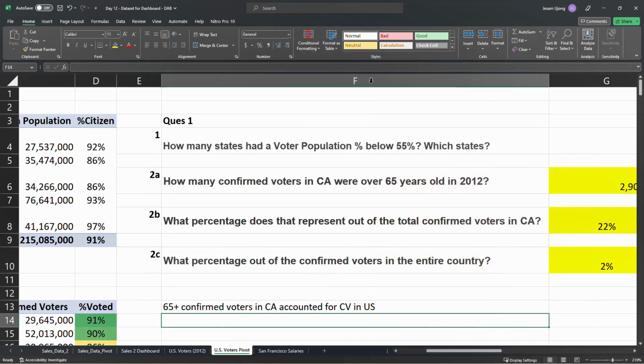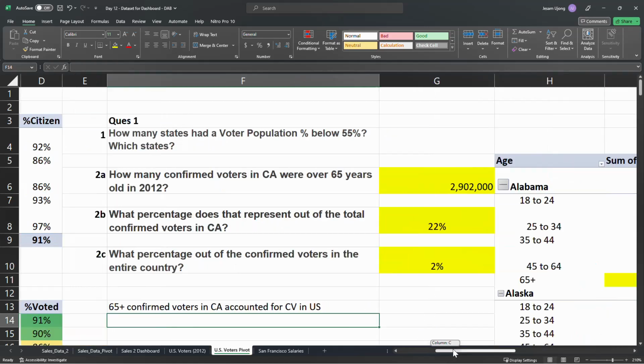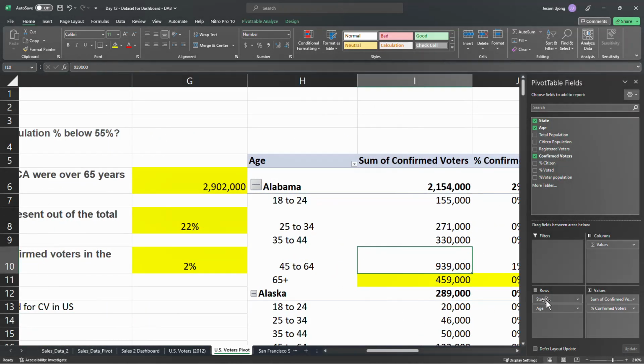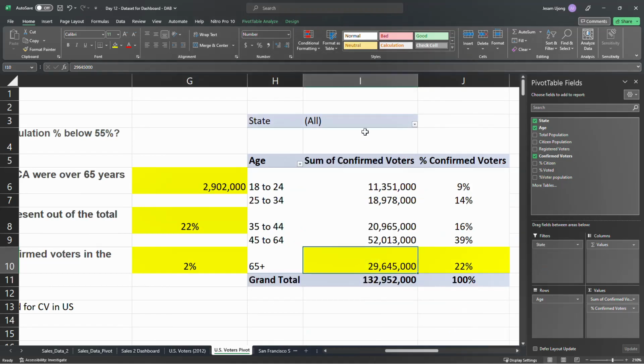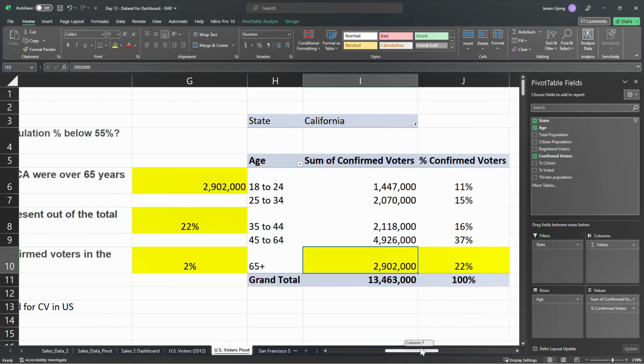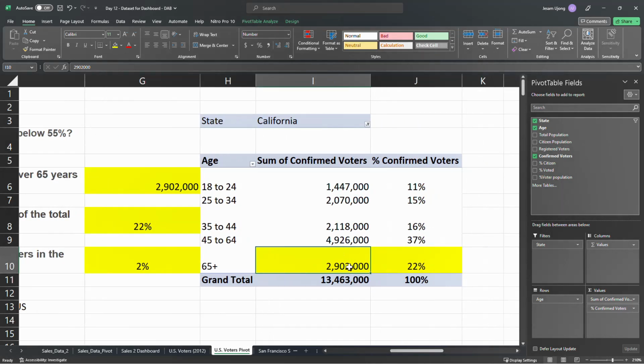So that's the question. So we were able here, in the second one, let me take this back here, and I put it in California. Here we were able to get the percentage of 65 plus confirmed voters in California.